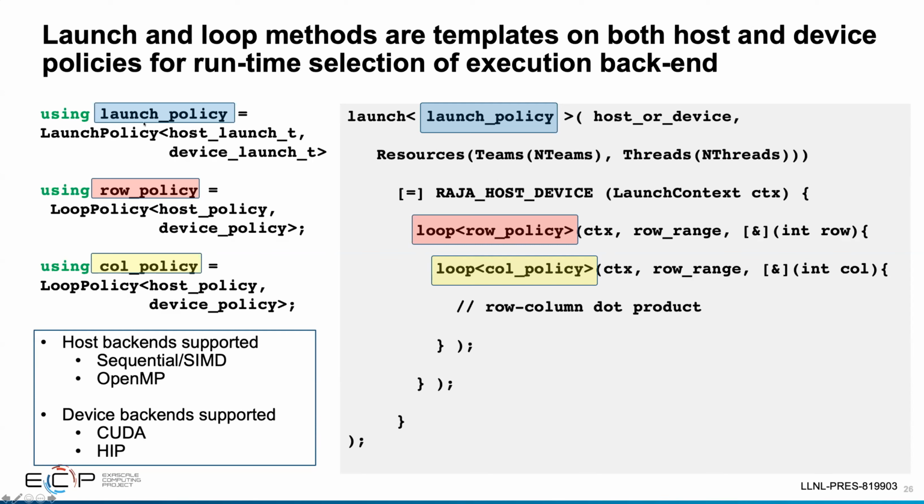For the launch policy, we would provide a host or device, and likewise for the row and column, which dictate how the code would be executed. Currently, we have support for sequential on the CPU, OpenMP, and then on the device, we have support for CUDA and HIP, right? And as we're developing our code, you can mix and match whichever policies you want.